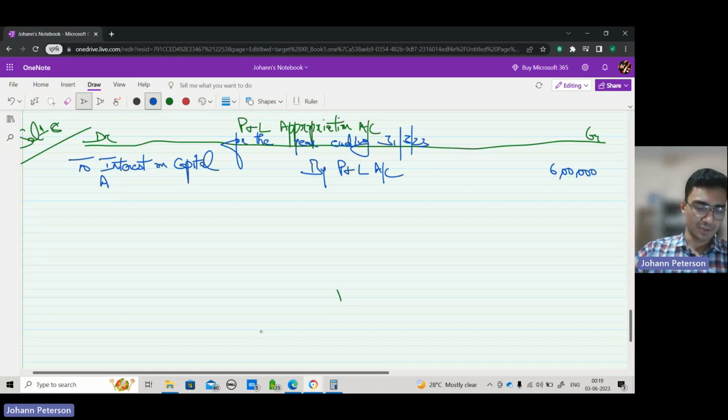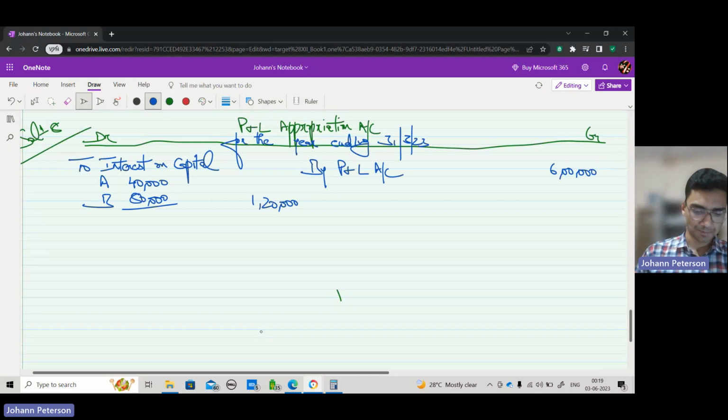That means 40,000, and B is going to get on 8 lakh 10%, that means 80,000. So this makes a total of 1 lakh 20,000 in the outer column.